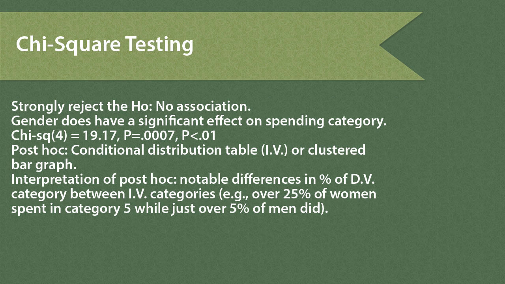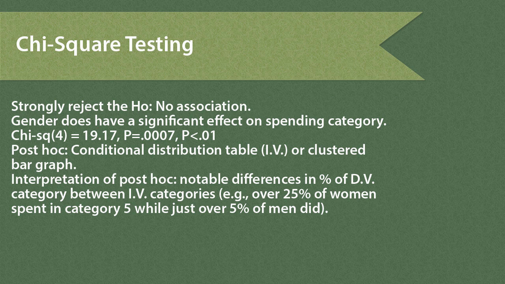Our evidence for making this statement, chi-square for 4 degrees of freedom, is a very strong 19.17 with a highly significant p-value. But it's our post hoc analysis using the conditional distribution table by independent variable or a clustered bar graph which will help us determine specific effects.